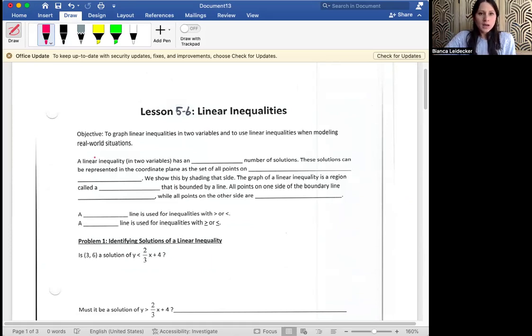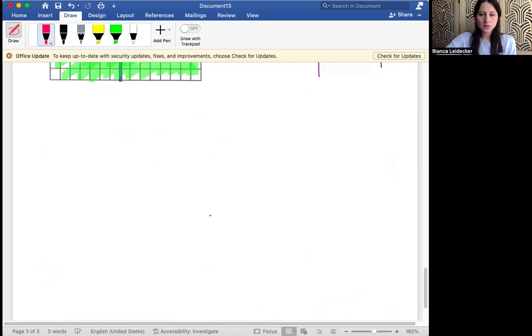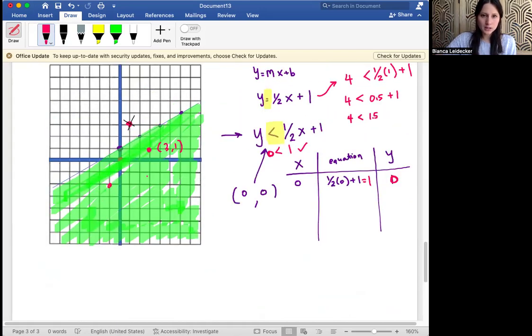A linear inequality in two variables has an infinite number of solutions. That's what we were just talking about. There is an infinite amount of ordered pairs you could plug into this inequality, and it would come out to be either a true solution or a solution that does not work.